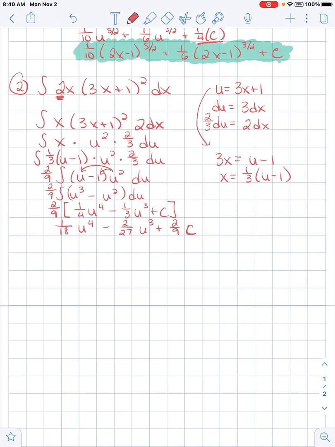Okay, let's simplify this. Let's replace u with what we started with and make that c just still a constant. So we've got 1/18 (3x plus 1) to the 4th minus 2/27 (3x plus 1) cubed. And 2/9, which is a constant, multiplied by another constant, is still a constant.